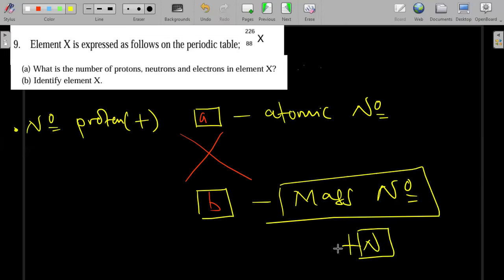The neutrons have a neutral charge. They have no charge. Their charge is 0. So what's the unique thing about the neutrons? The neutrons contribute to the mass of the atom. Remember from that structure that we draw at grade 12, in the nucleus you find the protons, which are positive, and these neutrons.